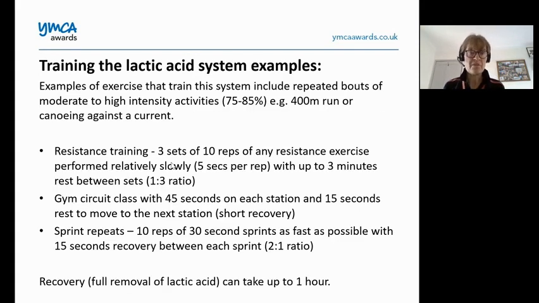There are probably a number of activities you already know that use the lactic acid system. If you're training someone, or yourself, at this system, the intensity is about 75 to 85% of your max ability. Activities that include this are things like a 400-meter run or canoeing against a current.